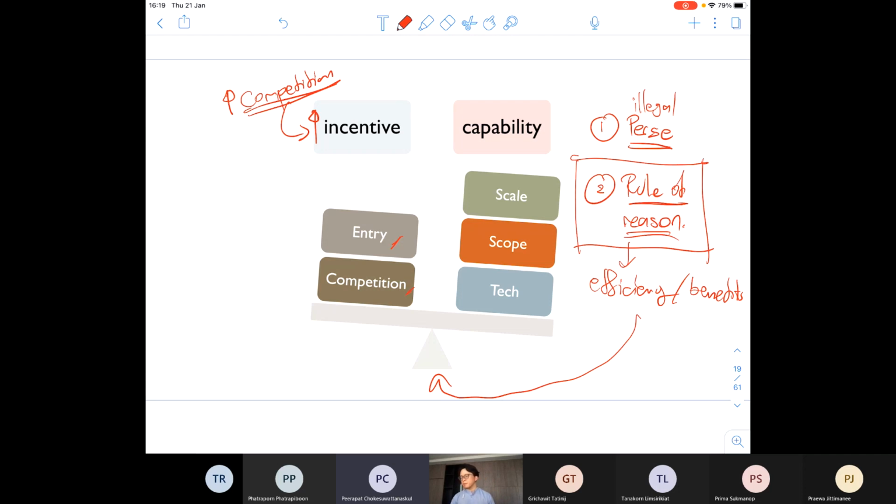For example, suppose that you are providing this tramp service, right? Tramp, which is a sort of petroleum shipping service.